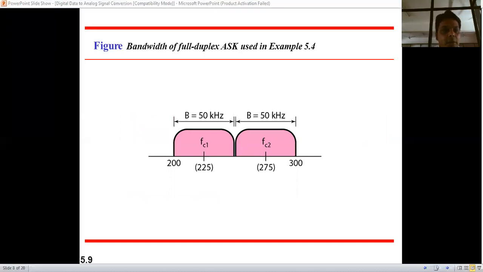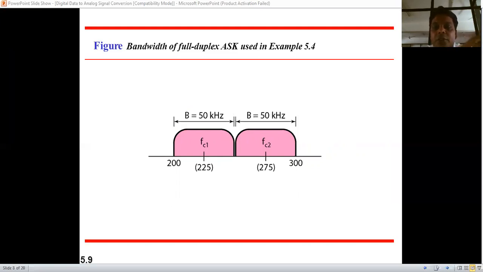Now we know that in data communication we normally use full duplex links, with communication in both directions. So we need to divide the bandwidth into two with two carrier frequencies, which is shown in this figure.